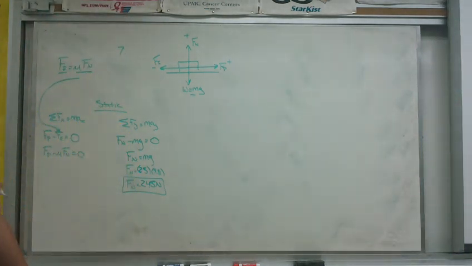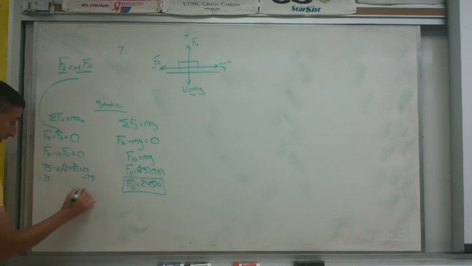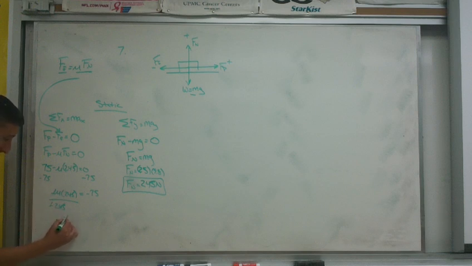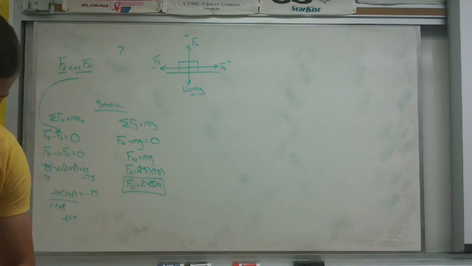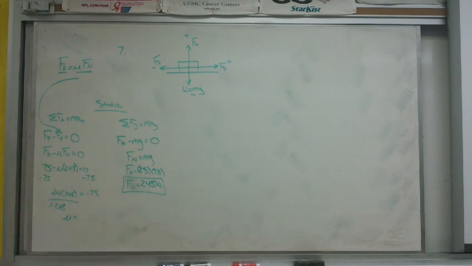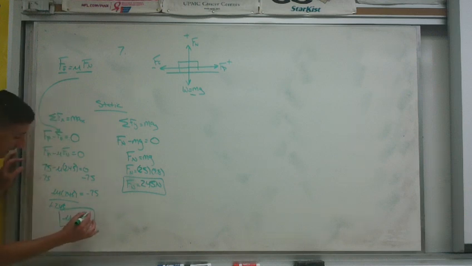It's the force that starts the motion. 75 minus mu 245 equals 0. I subtract 75. I get negative mu 245 equals negative 75, divided by negative 245. That cancels out the 245 and the negative. So I get mu is equal to, let's do 75 divided by 245. I get 0.3 for my static.